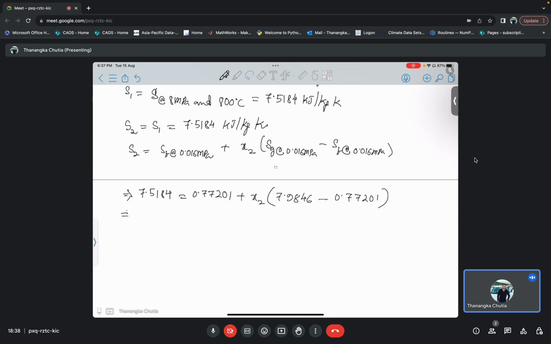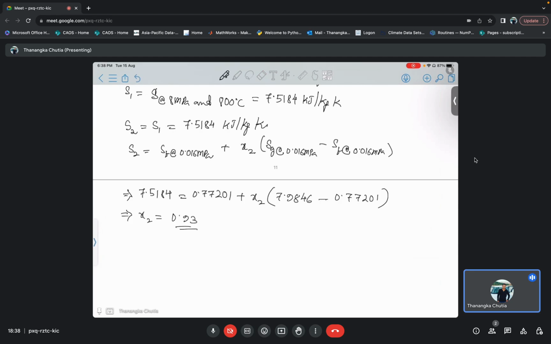From here X2 equals 7.5184 minus 0.77201 divided by 7.9846 minus 0.77201. So this is equal to 0.93.